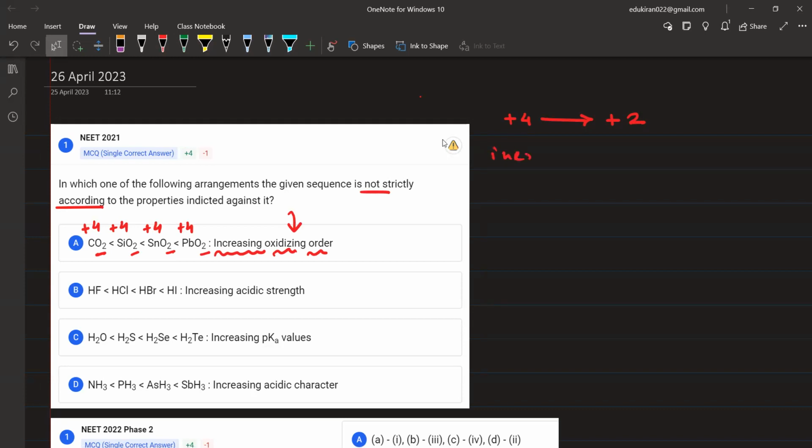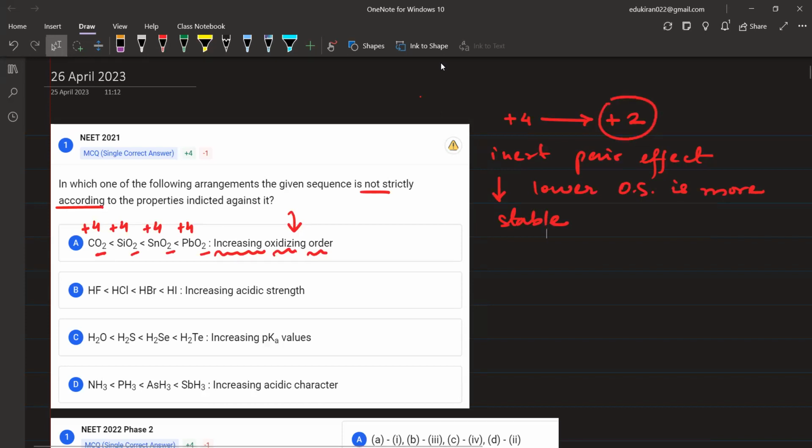From the inert pair effect, we can say that down the group, the lower oxidation state is more stable. And that is why this order is correct. Pb +4 can easily convert itself to Pb +2. And that is why this is the correct increasing order for oxidation potential or increasing oxidizing order.